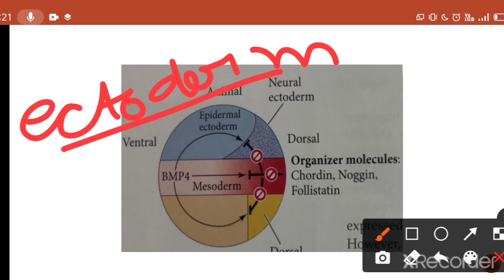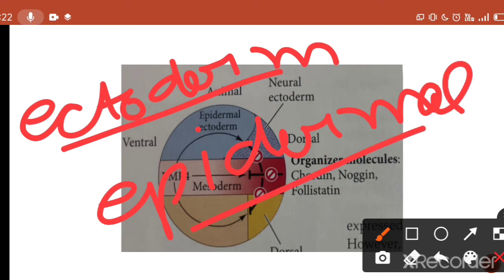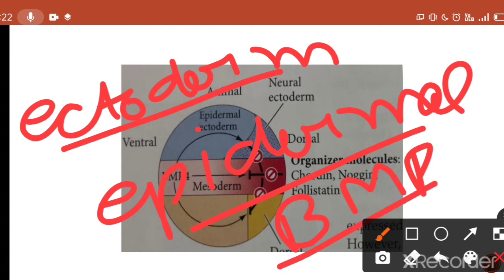Induced means some signaling molecules induce particular cells to differentiate into another type of cells. The ectoderm is induced to become epidermal tissue by binding bone morphogenetic proteins.